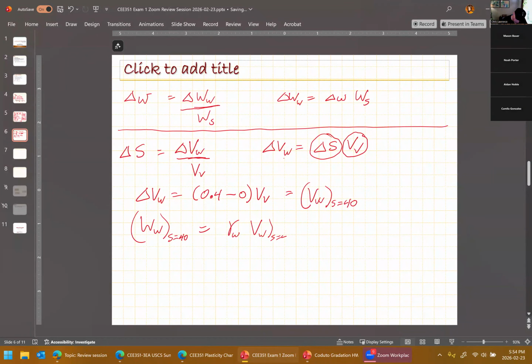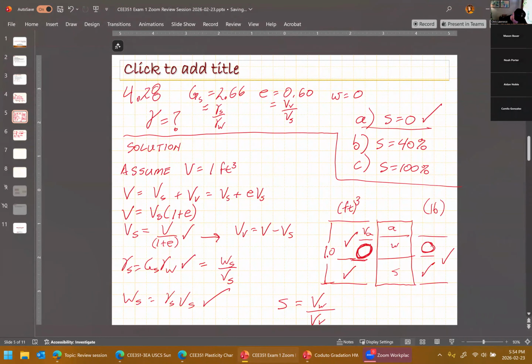So now I've got the volume of water, the weight of water. So I now know the volume of water and the weight of water for 40% saturation. And the solids didn't change. So I've got solids and water. I've got the total weight and the total volume. That tells me density or dry density or whatever. I have all 8 quantities so I can calculate whatever's needed. Okay?